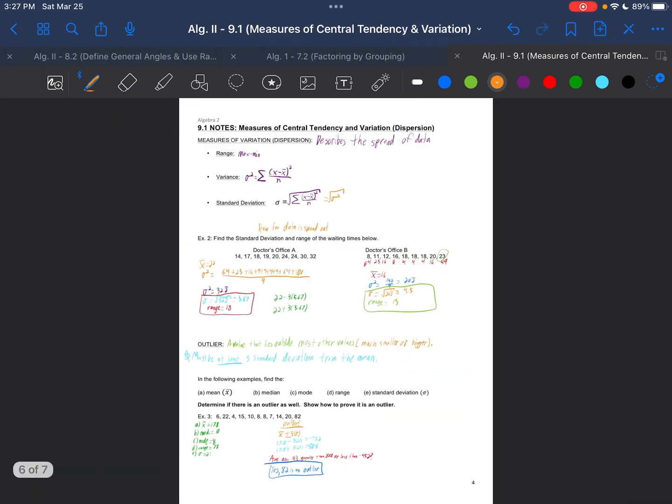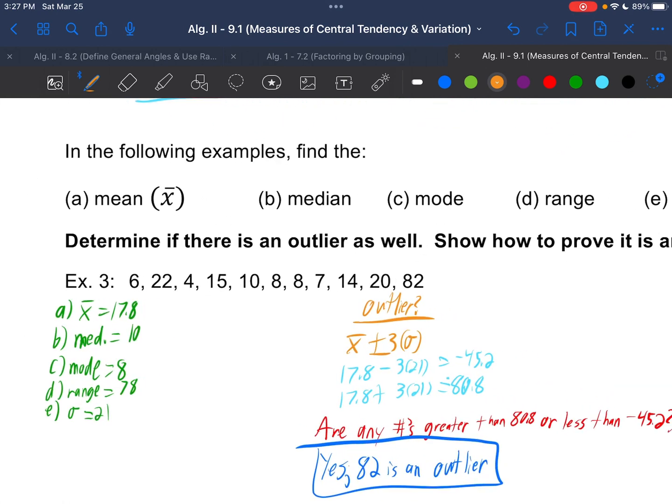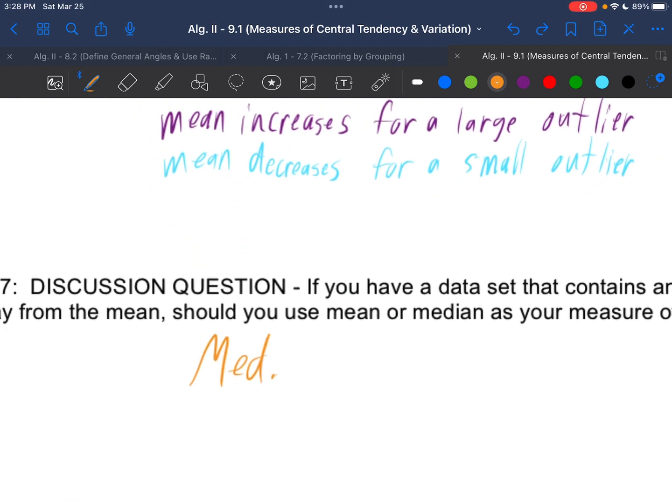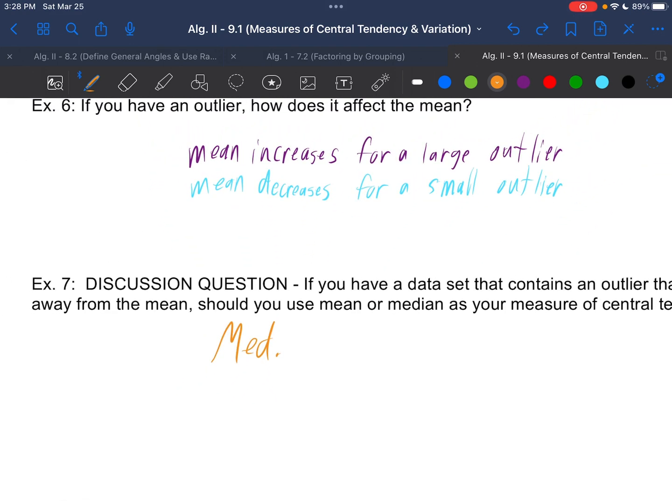The reason I say the median is I would look to example 3 as a perfect showcase. The mean was 17.8, but most of the numbers here, if we exclude that outlier 82, end up being much closer to our median of 10 than our mean of 17.8. If you have an outlier, it skews the mean much more than it skews the median, because it moves the middle number by like 1 at most, whereas it moves the mean by quite a bit more.